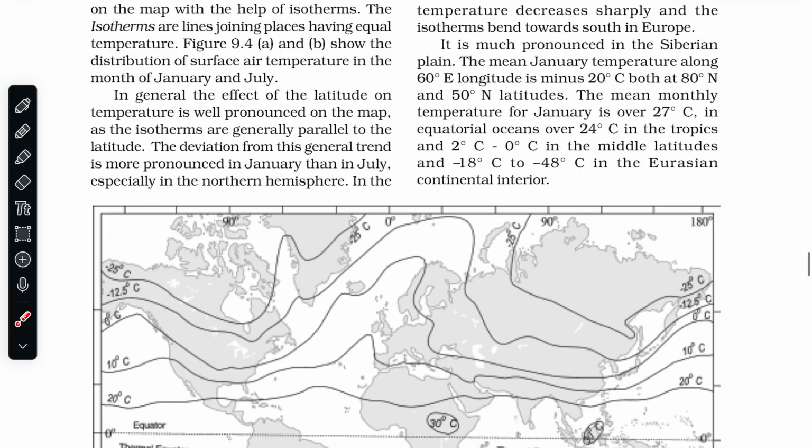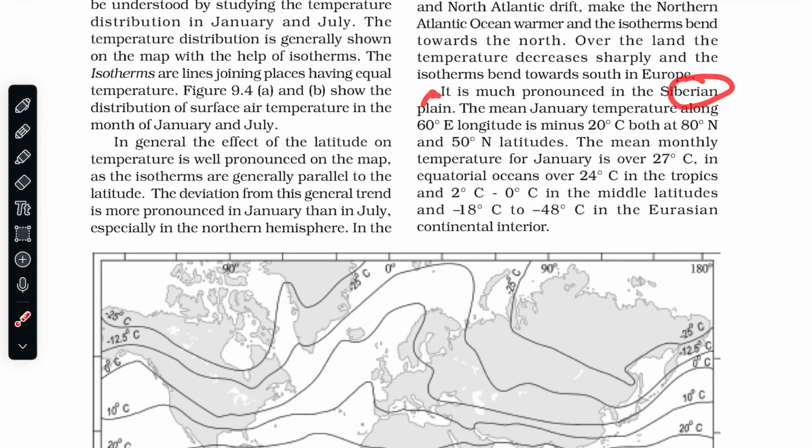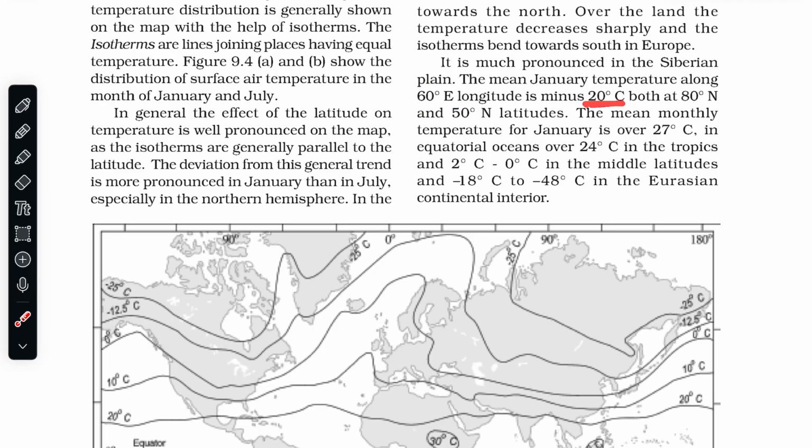It is much more pronounced in the Siberian plain. The mean January temperature along the 60 degree east longitude is minus 20 degrees Celsius, both at 80 degree north and 50 degree north latitude.